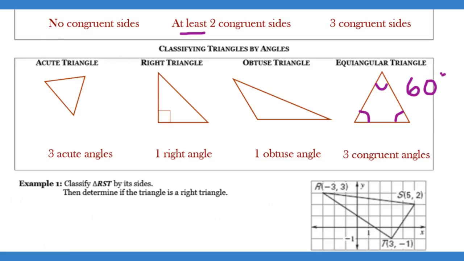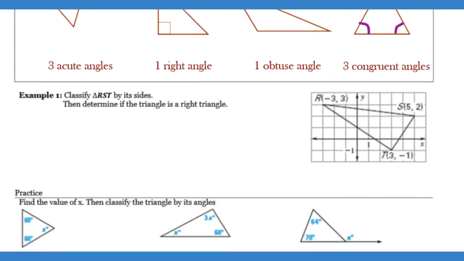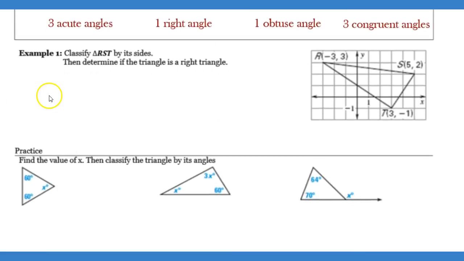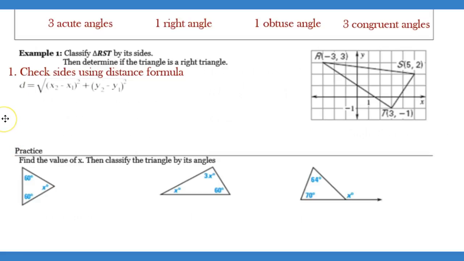All right, example 1. We want to classify triangle RST by its sides and then determine if the triangle is a right triangle. So the first thing we want to do is check our side lengths using our distance formula. Remember your best friend, the distance formula.